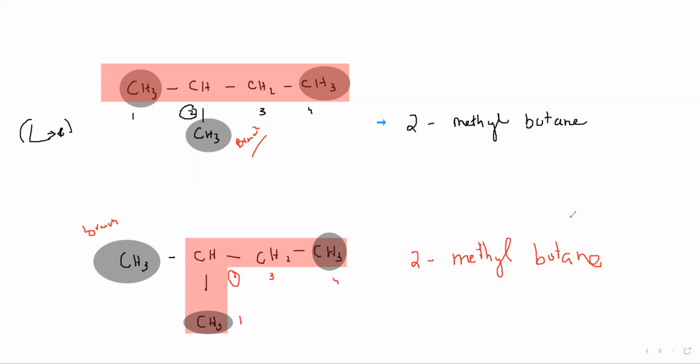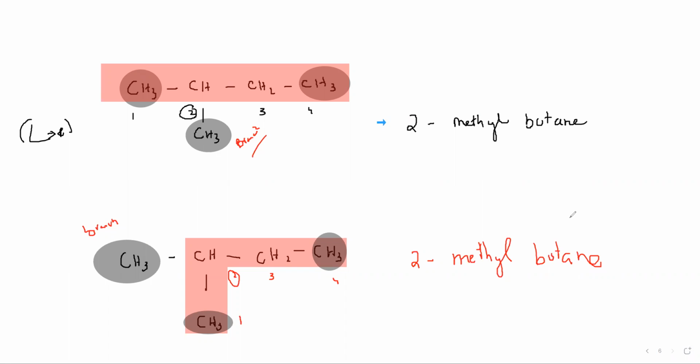In the 2 examples, I drew the same structure, but in the first I selected the horizontal one as my longest chain, and in the second I selected from bottom to right as my longest chain. But because both of these longest chains have 4 carbon atoms, it will not make a difference to the name.